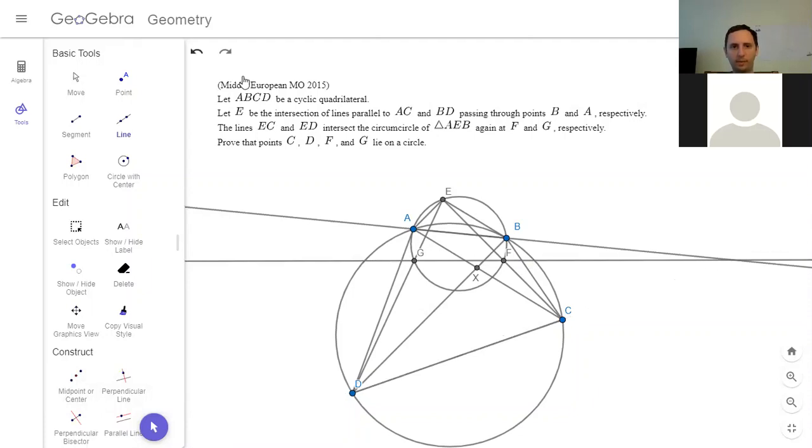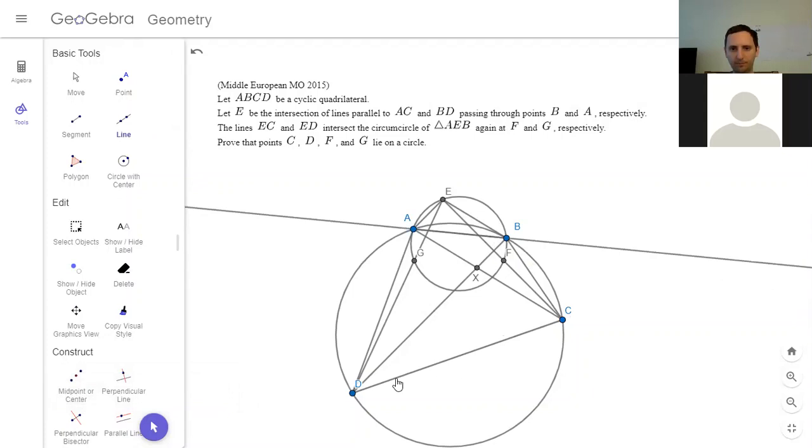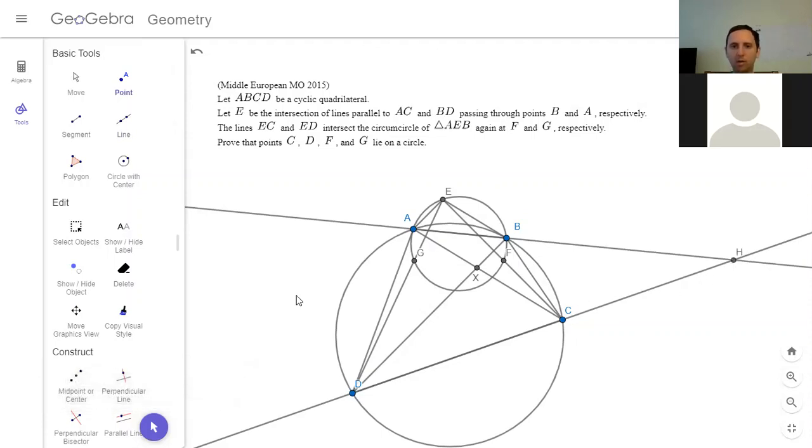So we could let AB and CD meet at a point, and we could show that it's collinear with F and G. It's one way to do it.